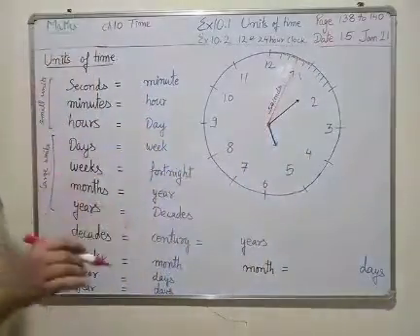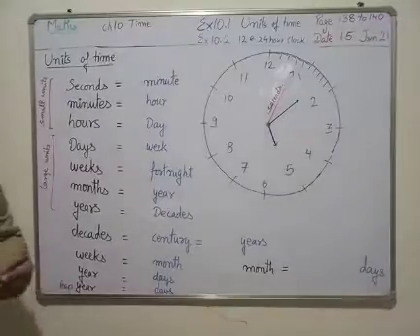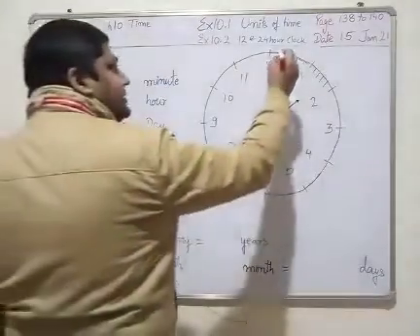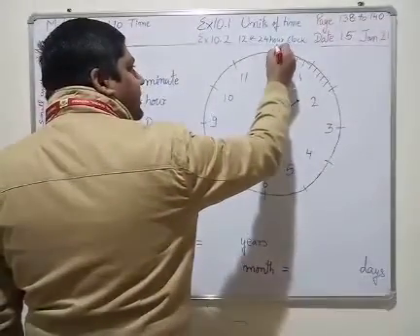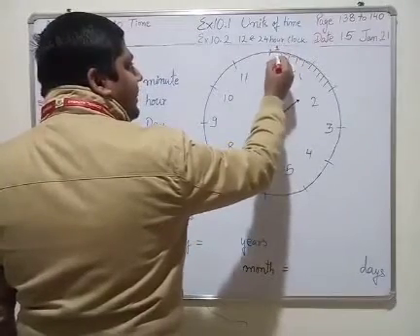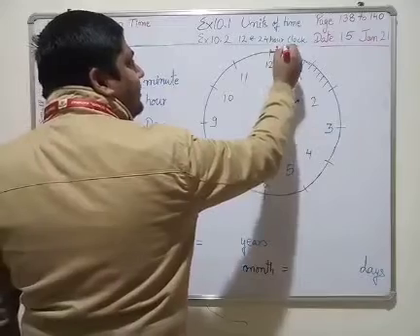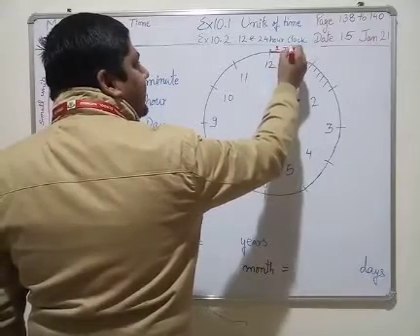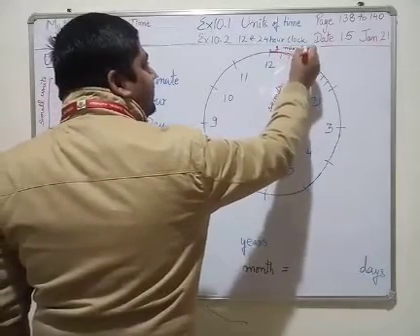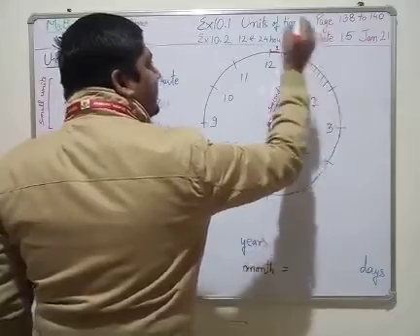These are the divisions for 1 minute and second. This one division is of 1 minute. If I ask what this one division represents, this will represent 1 minute or second.